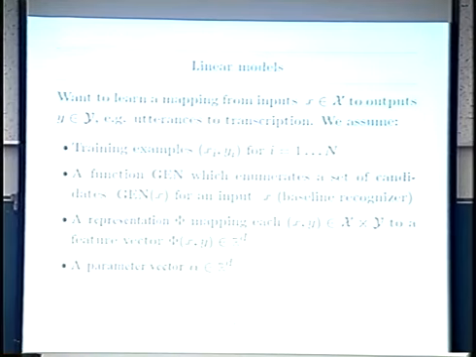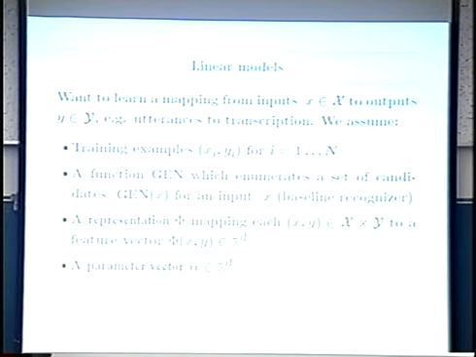A function gen, which actually comes from the optimality theory literature, gives a set of candidates, gen x, for the input x. In our case, this is the baseline recognizer, and gen x is the word hypotheses represented in the lattice, so the first pass output.